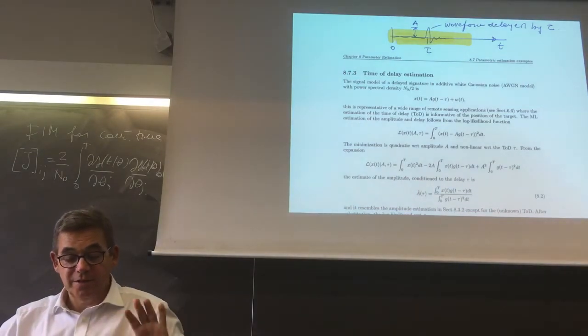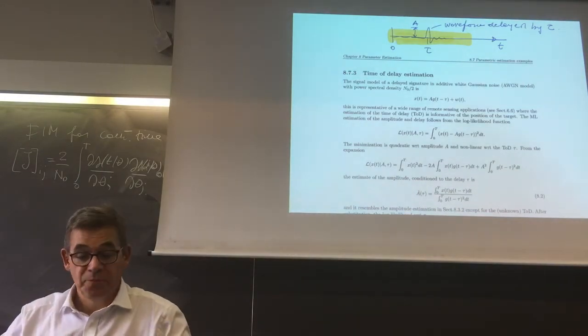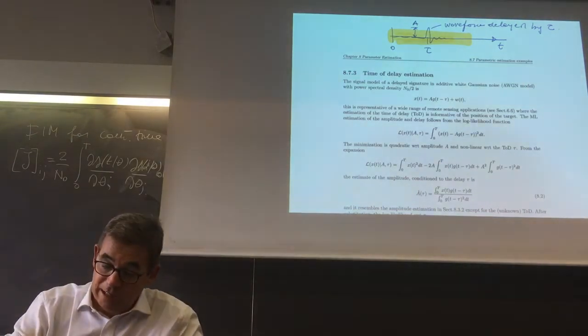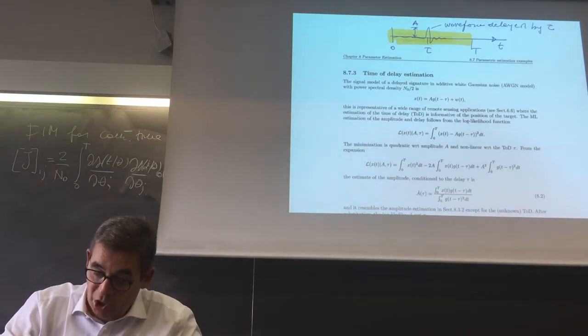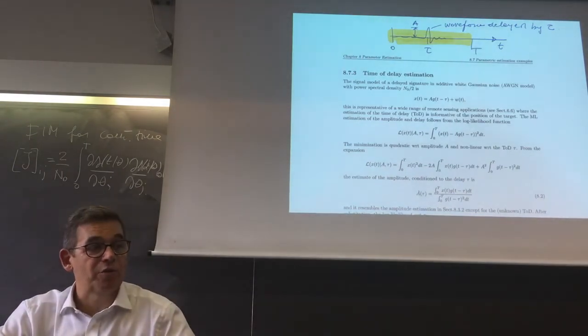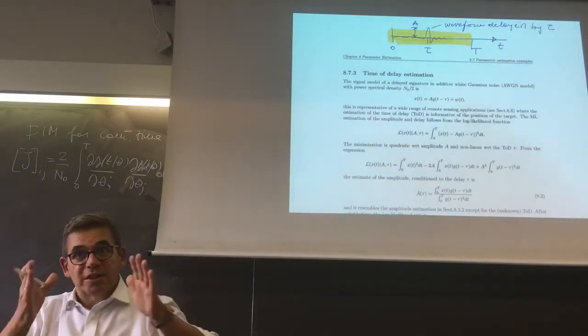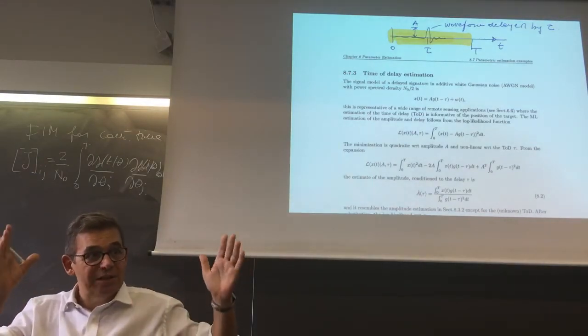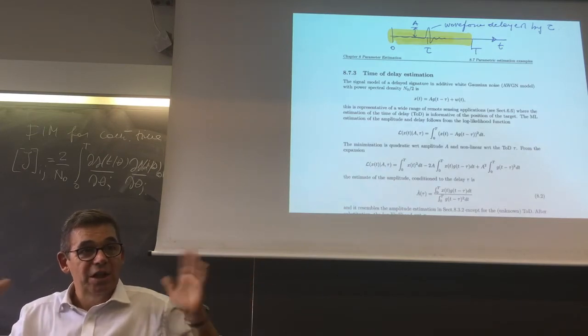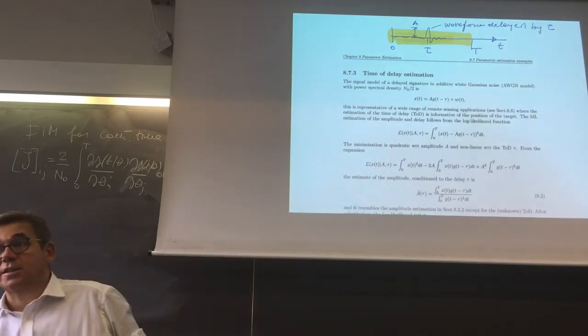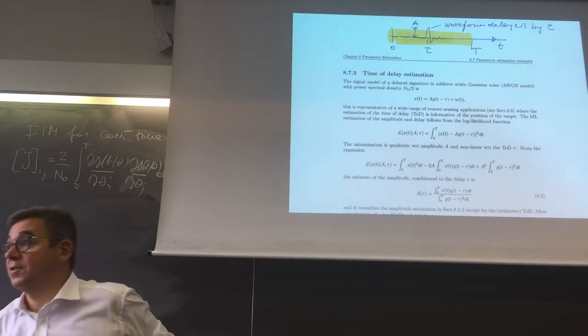Now, let's fix this aspect. Why am I saying that my interval 0 to T should fully contain the waveform? That means that the delay tau should be internal to the interval 0 to capital T. Now, if this is not the case, then I have some truncation effect.